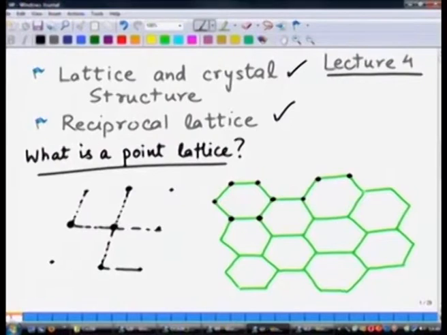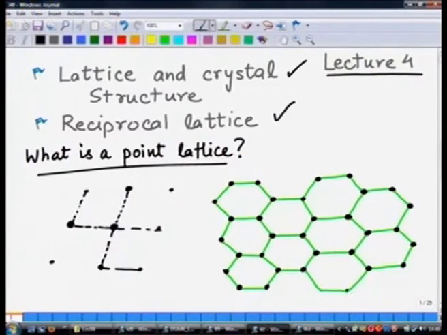So, remember, not all regular arrangements lead to a point lattice. You can see that example from here. It is a nice regular arrangement of points, a beautiful arrangement, but notice that if you pick this particular location, you see a point in this direction, you see a point in this direction.